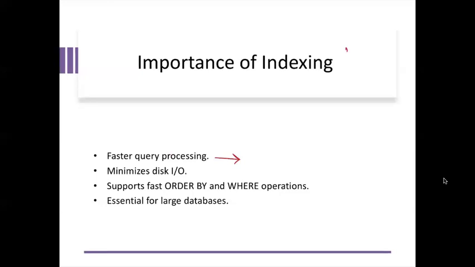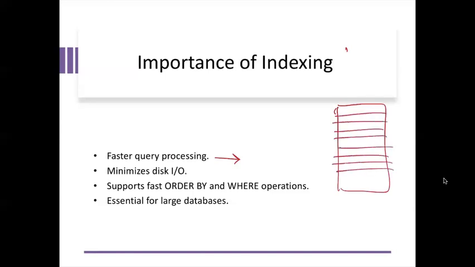Then also it minimizes the number of times you have to read the blocks from your secondary storage to your primary storage, because you are not reading all the blocks one by one. If you did not have an index, you would have to read all the records one by one to get to, say, roll number 7, let's say.